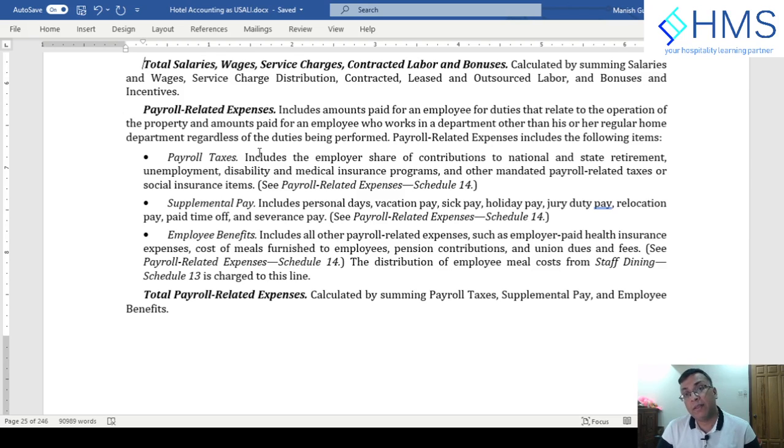Let's say the employee has got 12 days of leave in a year. Even though he may not be taking those leaves, the company may be accruing one leave every month, so that it can accumulate in a provision, and whenever the employee is taking the leave, the amount of that leave will be charged to that provision instead of the basic pay. So that usually is done in most of the hotel accounting.